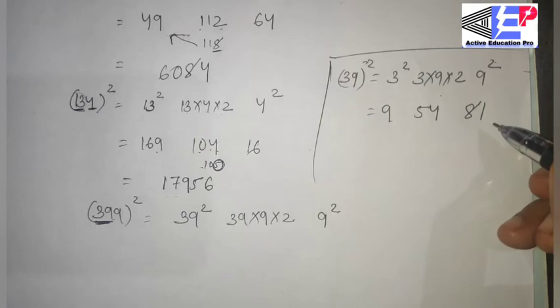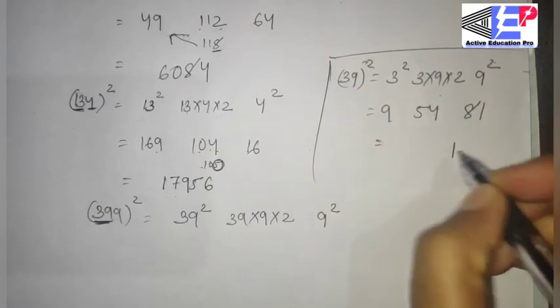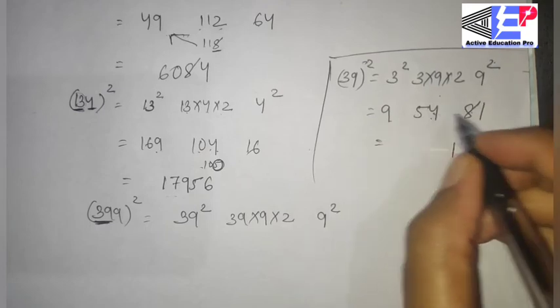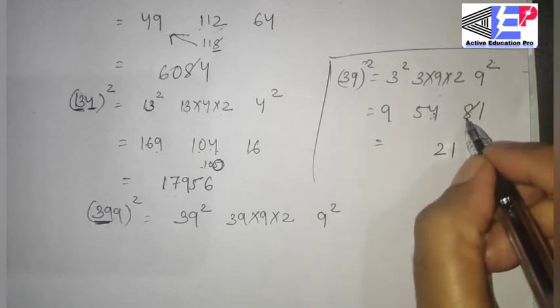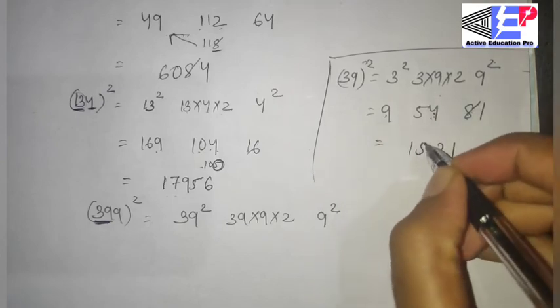Now add the unit digit places: 1, this 8 left over comes to the middle part, 54 plus 8 is 62. Then 2, and 6 is added to 9.